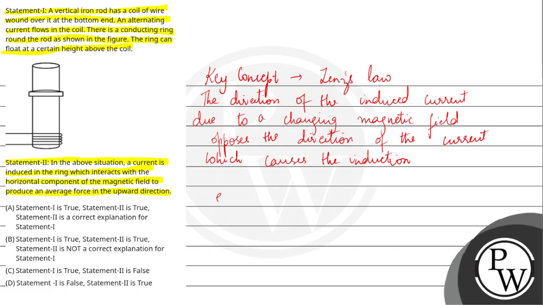So, the induced EMF is essentially given as minus d phi by dt. तो यहाँ पे phi है magnetic flux. So, changing magnetic field will give rise to a changing magnetic flux, and a changing magnetic flux will produce the electromotive force which opposes the applied current.